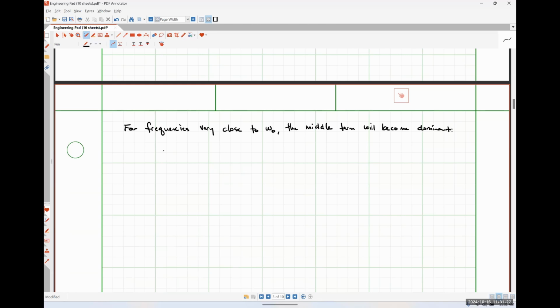So 20 log of the magnitude of H of j omega will be approximately equal to 20 times the log of 1 over twice zeta.